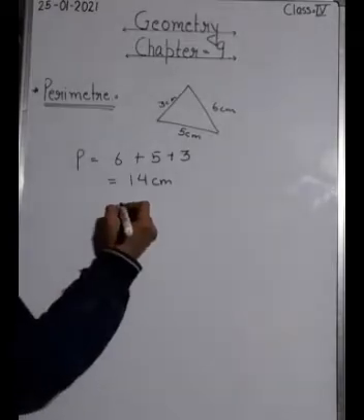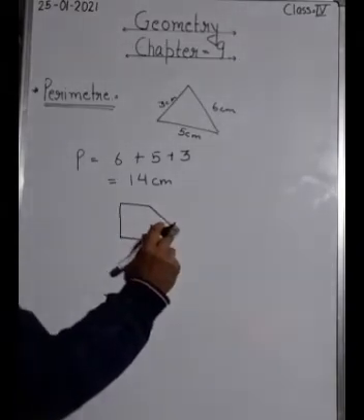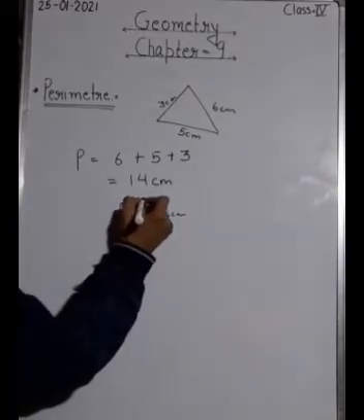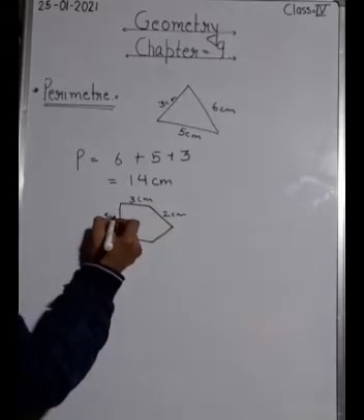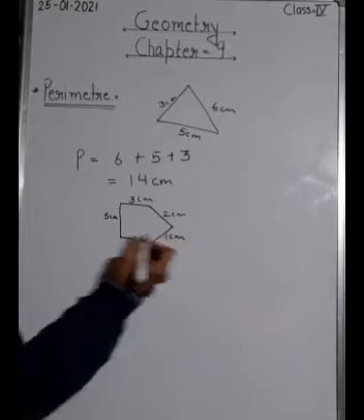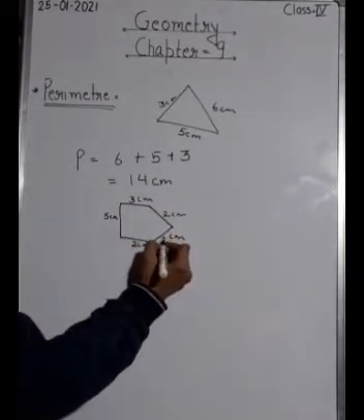Okay. And suppose you have to find the perimeter of a figure like this. And I give it as 2 centimeter, 3 centimeter, 5 centimeter, 2 centimeter and 1 centimeter. And I told you to find out the perimeter. Consider this one as 2 centimeter only.